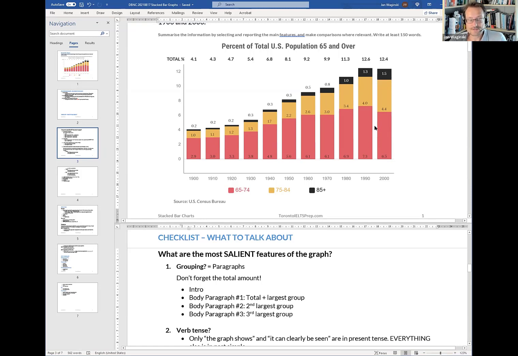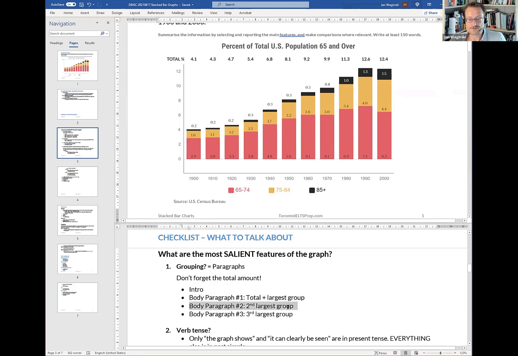It generally makes sense to start with the largest group, regardless of which kind of graph you're doing. Everyone is always interested in who's the biggest, who's the fastest, who makes the most money. So start with the largest group. After the intro, for body paragraph 1, I suggest you do the total plus the largest group.